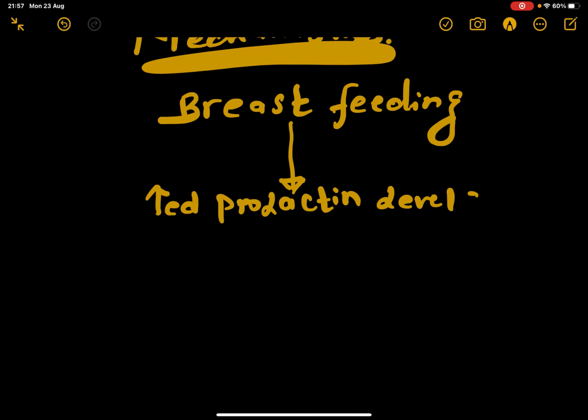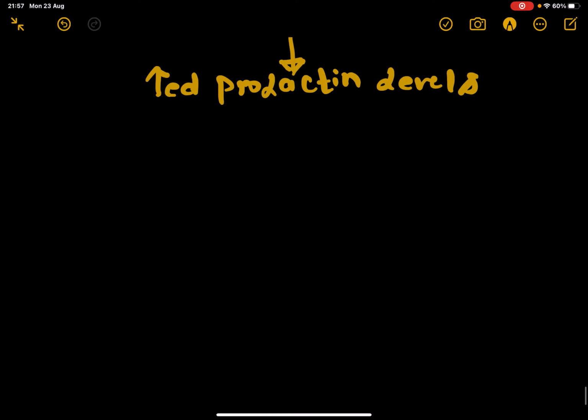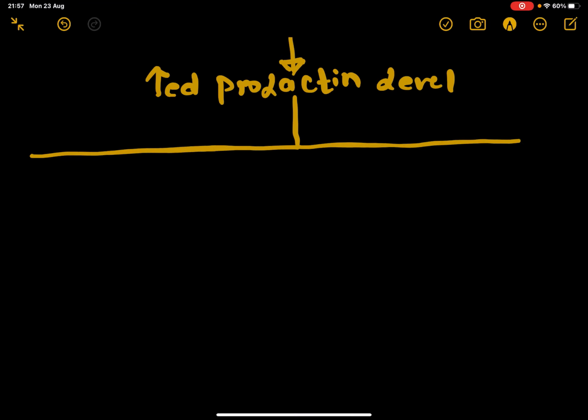Prolactin will ultimately do three activities.